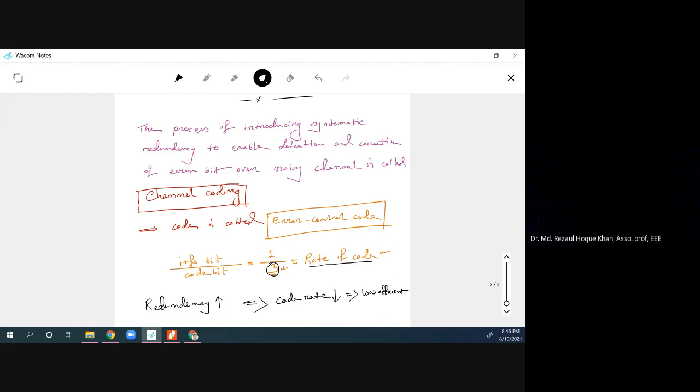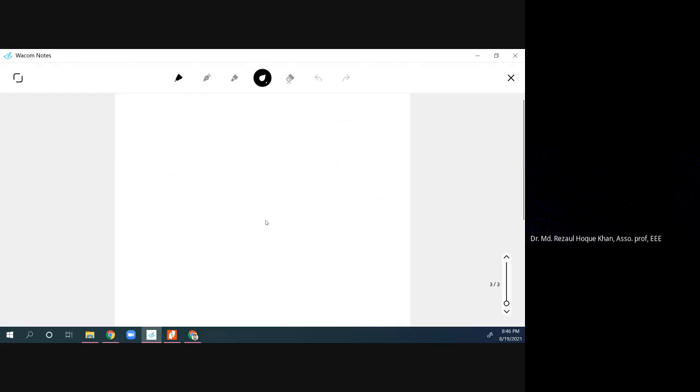Now there is another observation in this system. For example, we use three redundant bits, 1 1 1, means we repeat three times. Now if we receive 0 1 1, then we can easily understand that this bit got corrupted. But if somehow we receive this also as an error bit, what will happen?